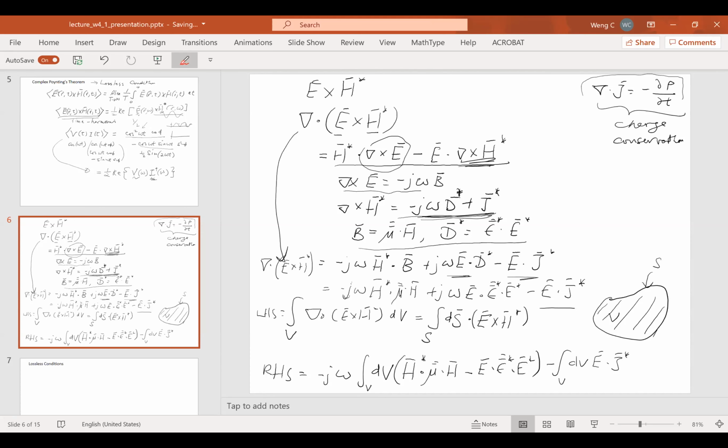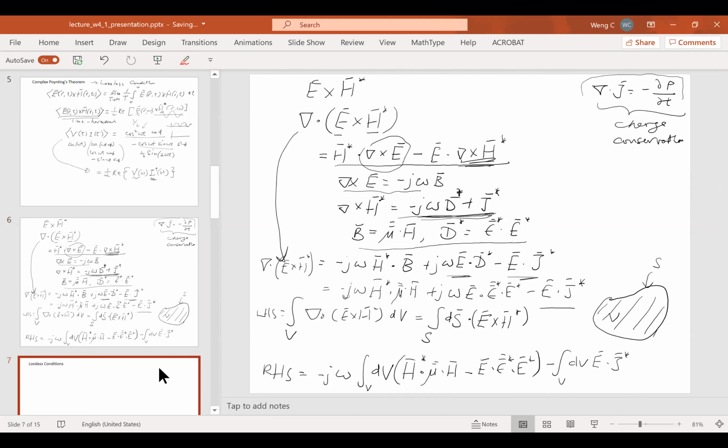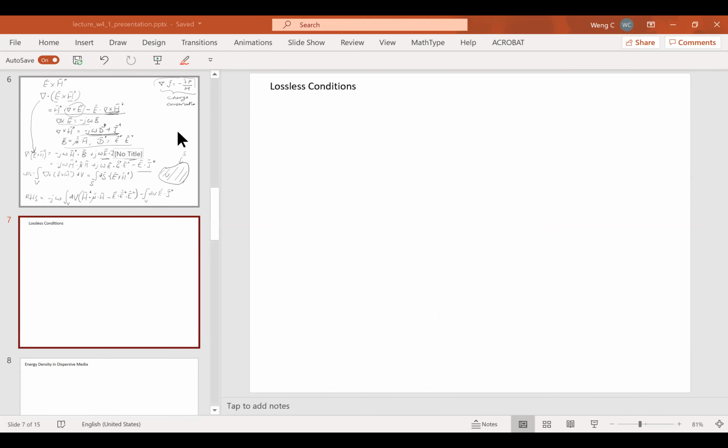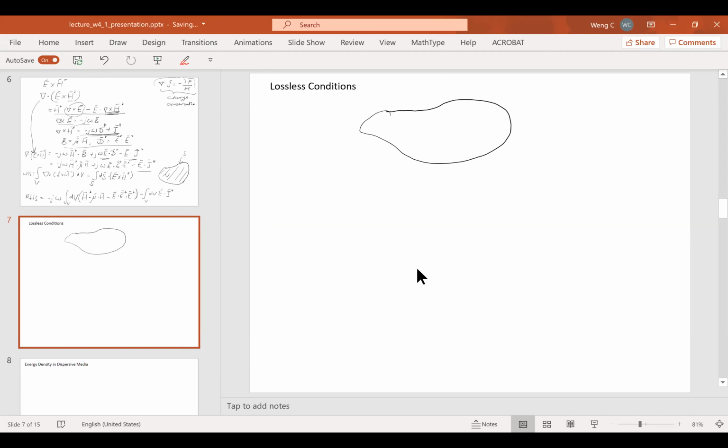So you have learned about complex Poynting theorem, but what I want to show you here is when would a medium become lossless? A medium would be lossless if, say, this is a lossless medium, and what it means is that whatever power flowing in must be the same as power flowing out.